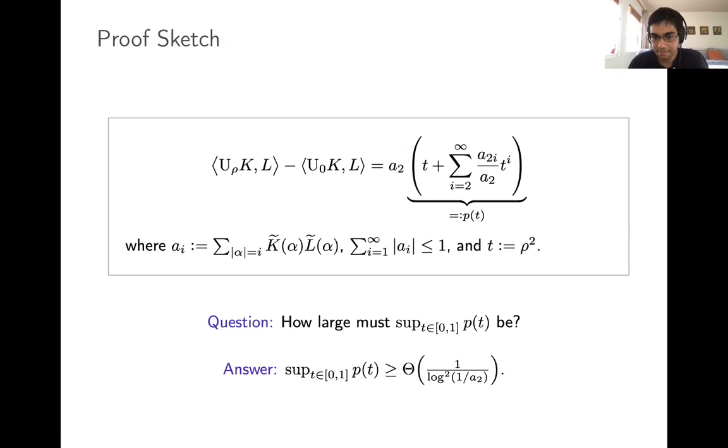And because of the previous complex analytic lemma that I just showed you, it follows that the supremum of P of t as t ranges over 0 to 1 is at least on the order of 1 over log squared 1 over A2. So just to verify that this power series P meets the conditions on the previous slide, its constant term is 0, its linear coefficient is 1, and the sum of the absolute values of the coefficients of P of t is bounded by 1 over A2. And A2 is non-negative. This is not too hard to see because of Royen's proof.